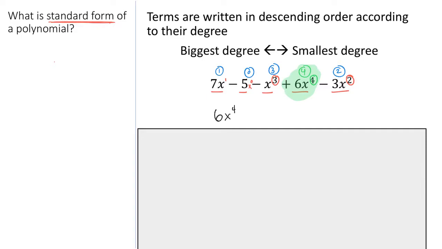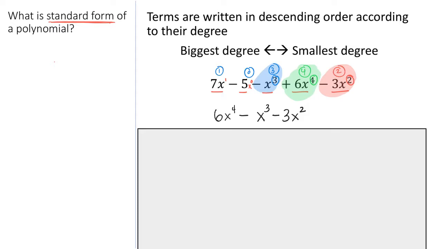My next biggest degree is x to the 3rd, but this has a negative sign in front of it. So I'm now going to write minus x to the 3rd. My next biggest would be the degree 2, and again it has that minus sign in front of it, so I'm going to write minus 3x squared.